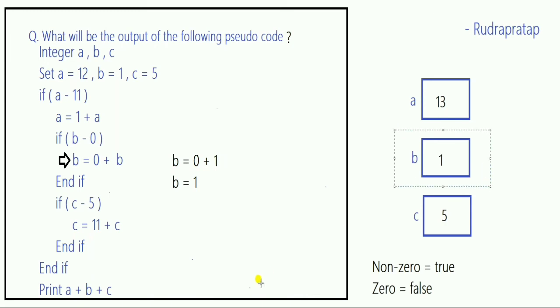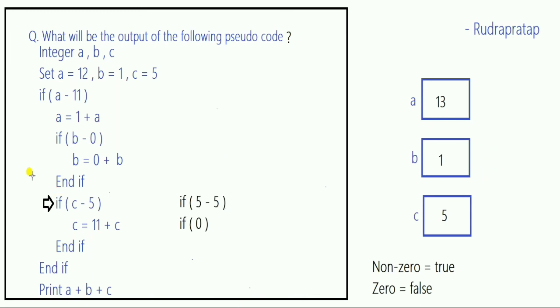After that we have another if condition, and in this if condition we have c minus 5. The value of c is 5, 5 minus 5 is 0, and 0 means false. So we can't execute the body of this if condition.